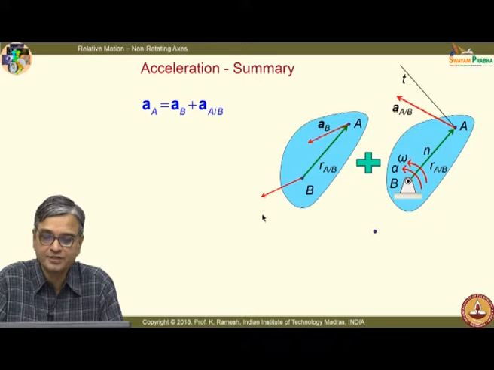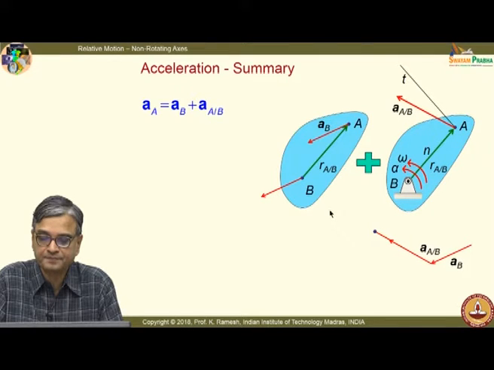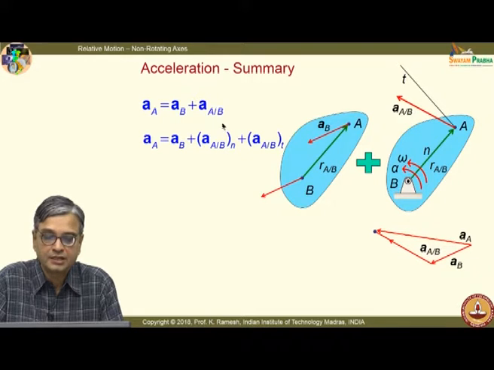Since we have looked at this as addition of translation and rotation, we are in a position to write these expressions. So, I have AAB, this is nothing but a combination of a normal component and a tangential component.